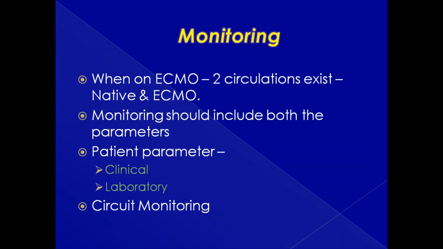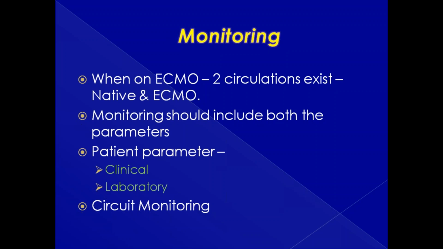Monitoring: when patients are on ECMO, 2 circulations exist, the native circulation of the patient as well as the ECMO circuit. So monitoring should be done on both, clinical and laboratory parameters. Though we have shown a lot of sophisticated gadgetry so far, they are all really not required for running a case of ECMO.